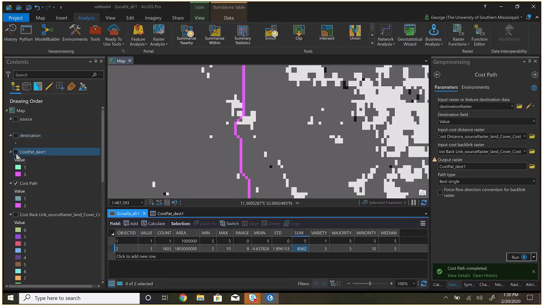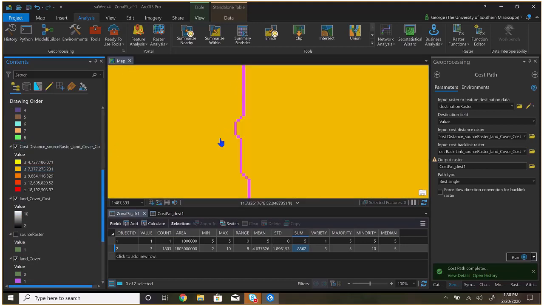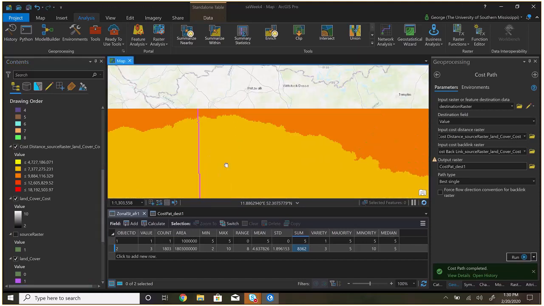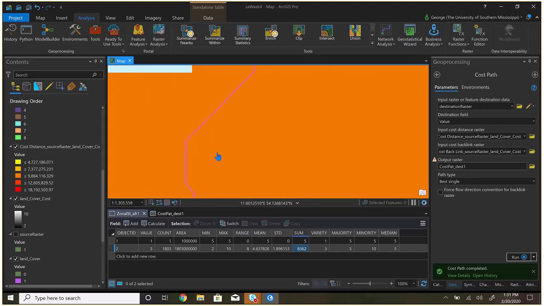Now there's a third way to verify and see which one it is, because remember the cost distance raster, this one right here. What are the values in the cost distance raster represent? They represent the cost to travel back.